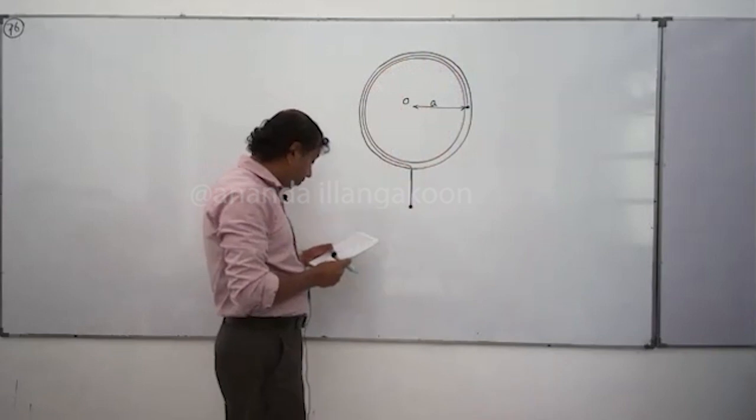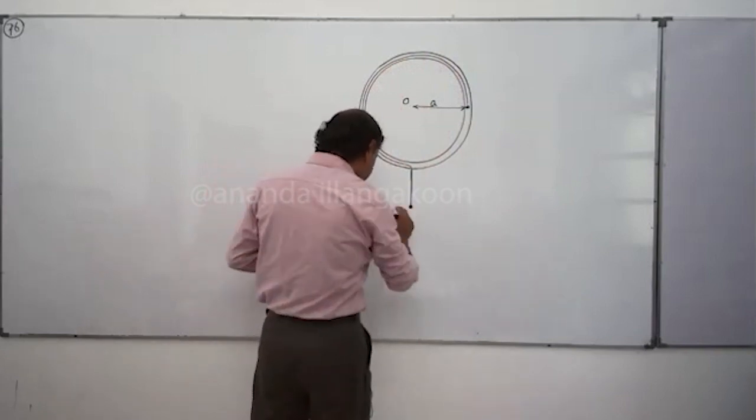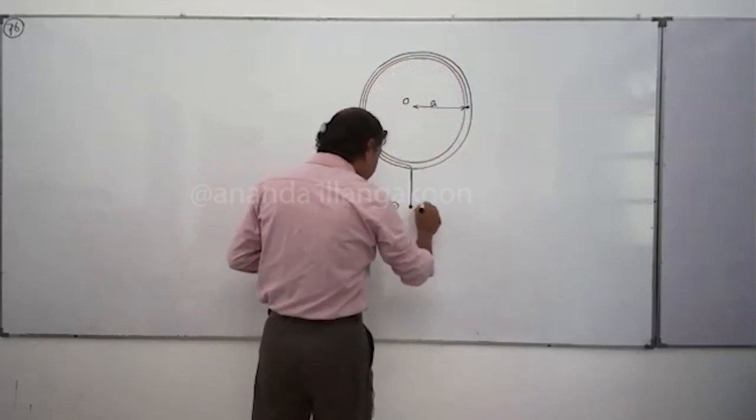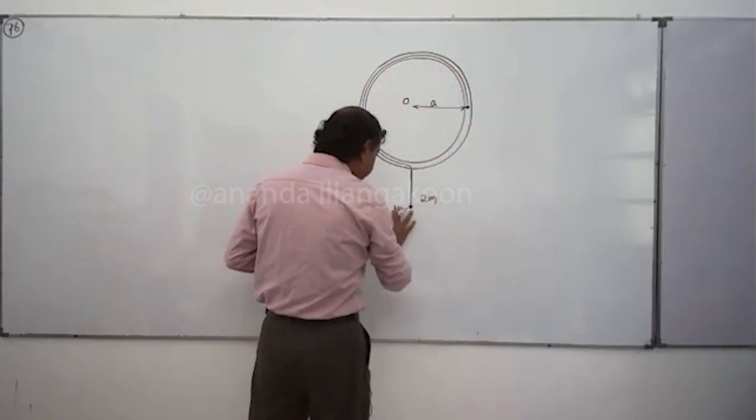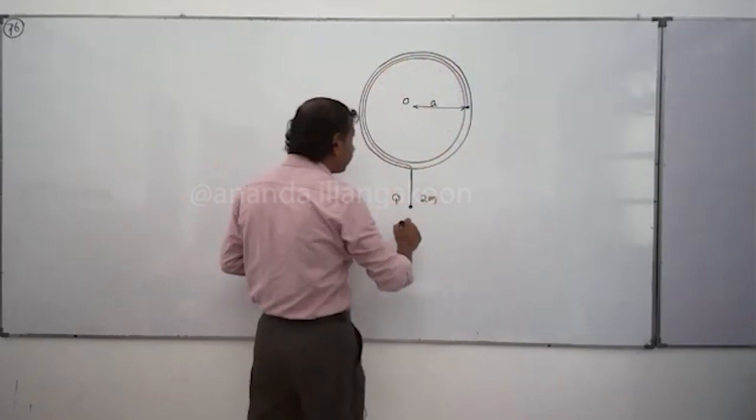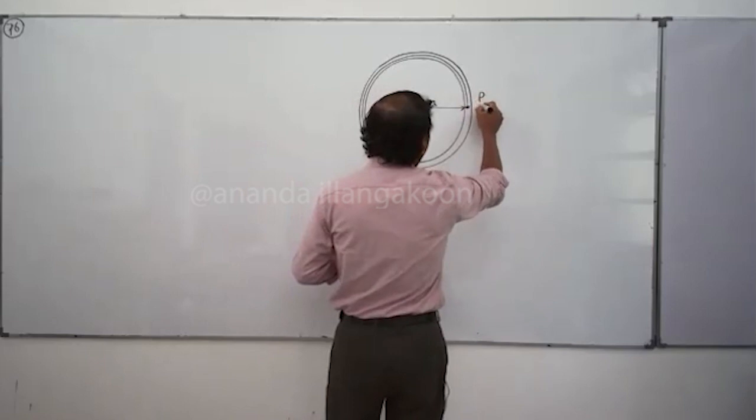Q has mass 2m, and this is P with mass m.